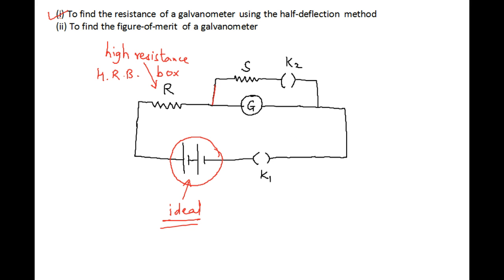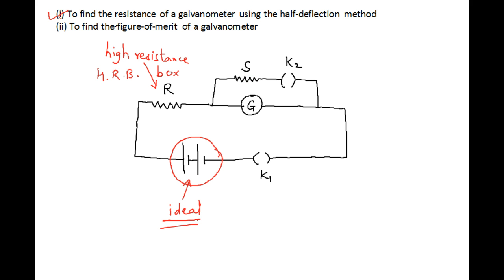Now this branch over here is connected in parallel with the galvanometer, and it consists of a shunt resistance, S, which is typically a low resistance. This too has to be a variable resistance.